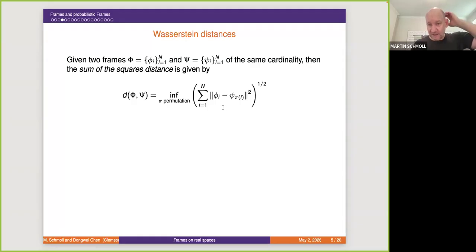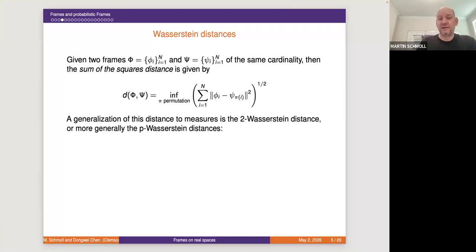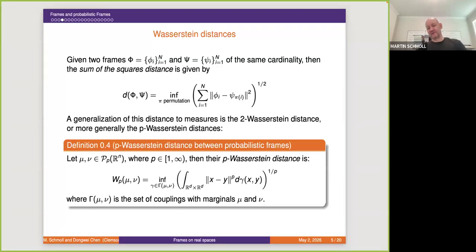That alone makes it worth going into the space of measures, and then you can use the Wasserstein distance. That boils down to this distance when you take finitely many vectors, but it doesn't care about the cardinality.